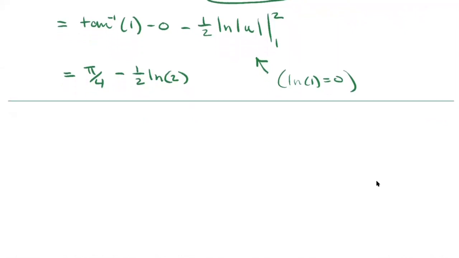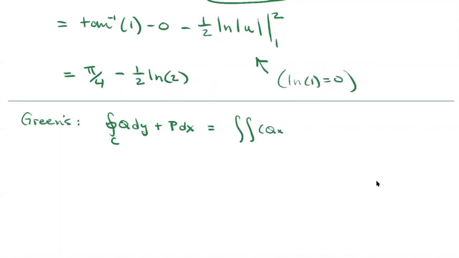Okay, so remember Green's theorem says that the integral of q dy, my bad, plus p dx over some closed curve C is equal to a double integral of qx minus py dA over the region R contained by C. So that's Green's theorem.